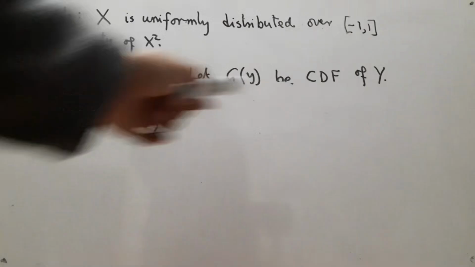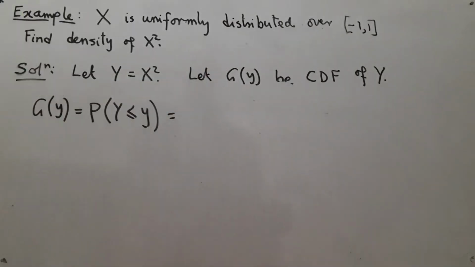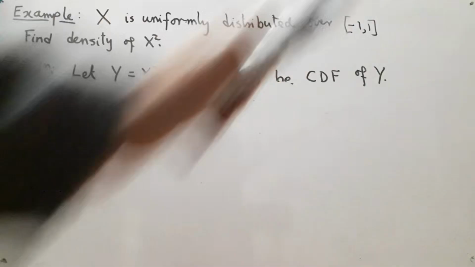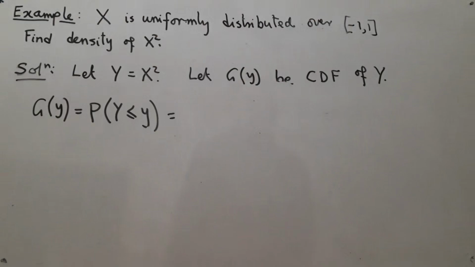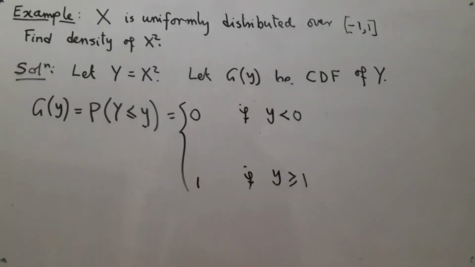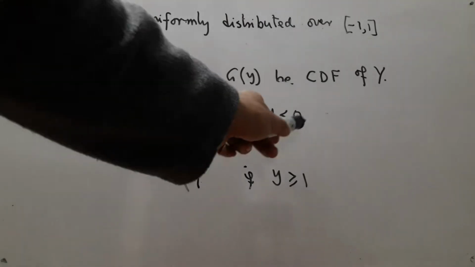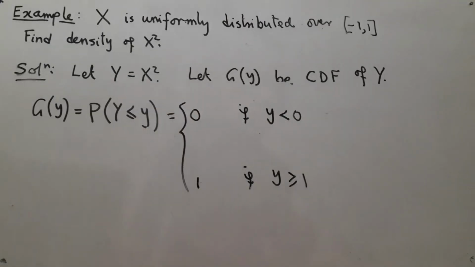Again we proceed just as before. Now I ask myself the question, what are the possible values of y? You can see that the possible values of y are now from 0 to 1. Hence, I can automatically write down 2 lines. The only case that I have to worry about is the in-between case.